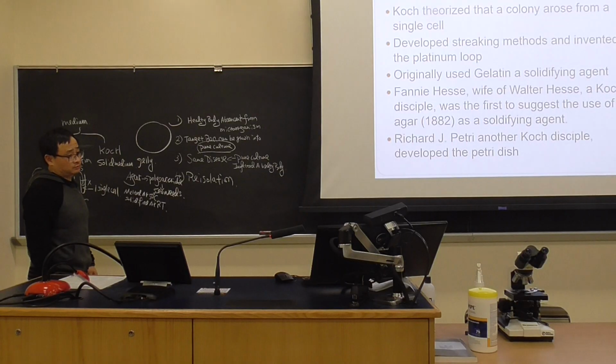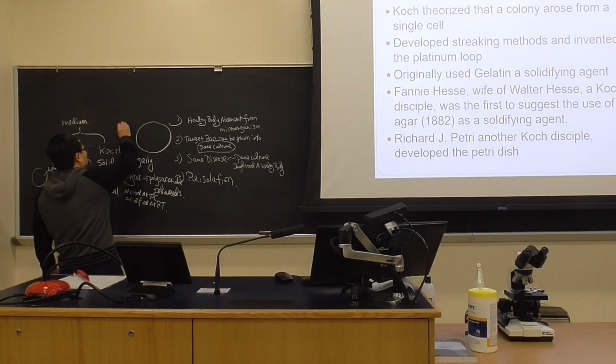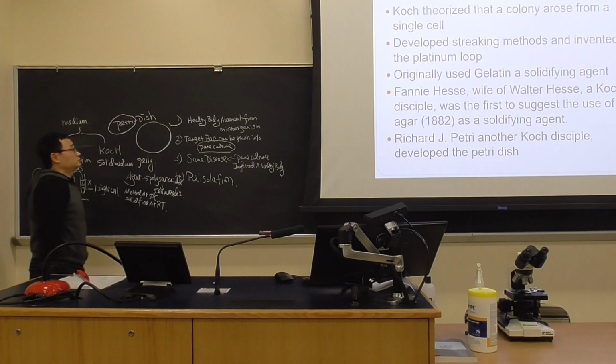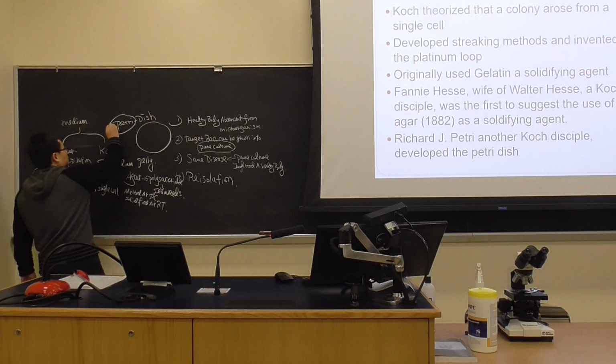Richard Petri, another scientist in Koch's group, found a dish that can be used as a container to hold the agar. That's why today we call it the Petri dish, coming from Richard Petri.